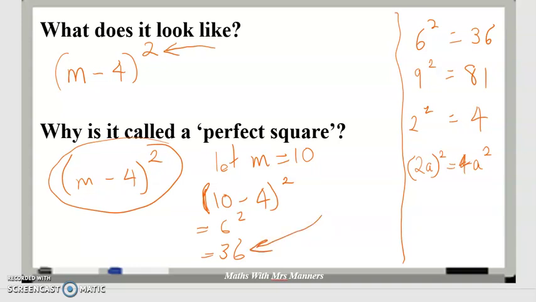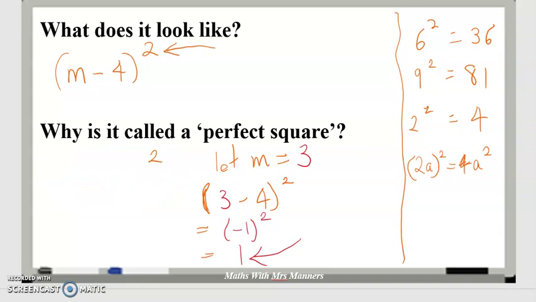If I pick another number, like 3, I'm going to change my 10 now to a 3. 3 minus 4 is minus 1, and minus 1 squared is 1, which is again a square number. So a perfect square expansion will generate perfect squares. So you can see where this name perfect square comes from.